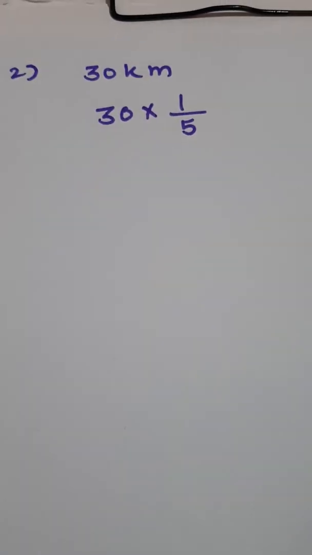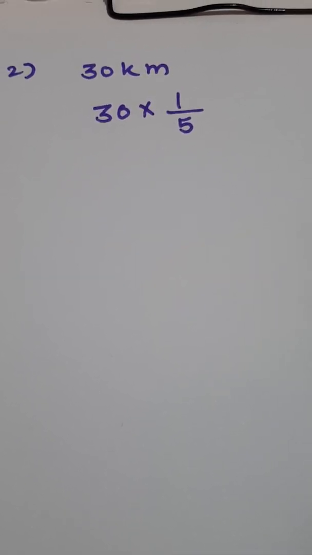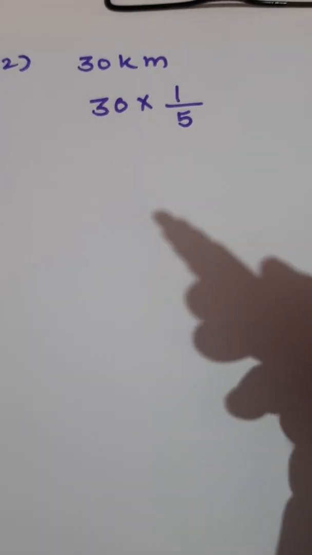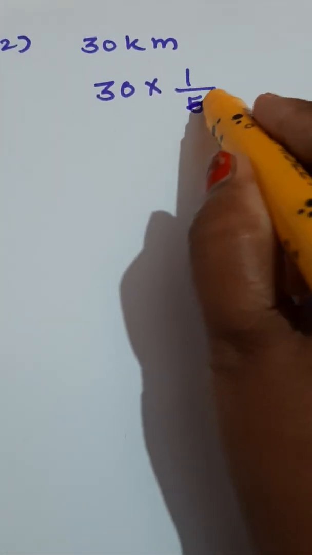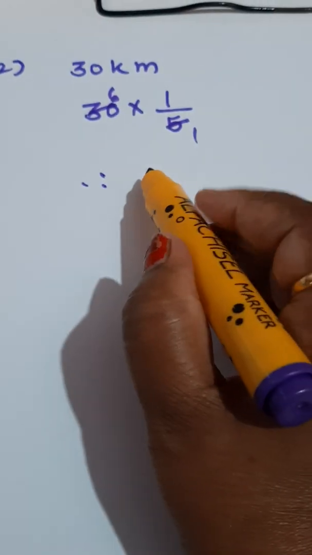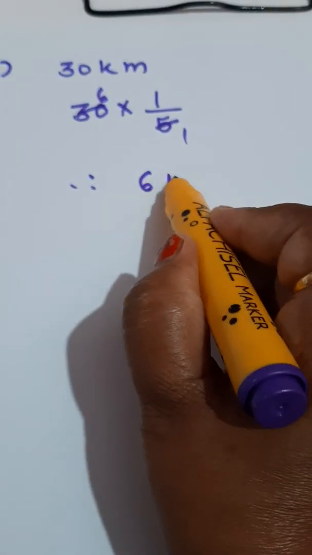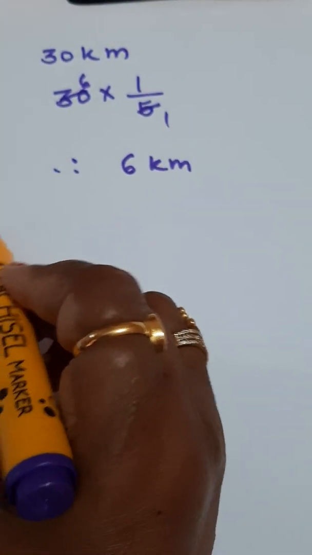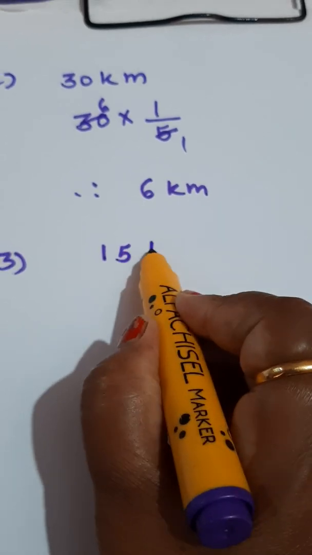In the above examples, we wanted 1/3, so there we multiplied by 1/3. So 5 1s are 5, 5 6s are 30. So what is 1/5 of 30 kilometers? 6 kilometers.